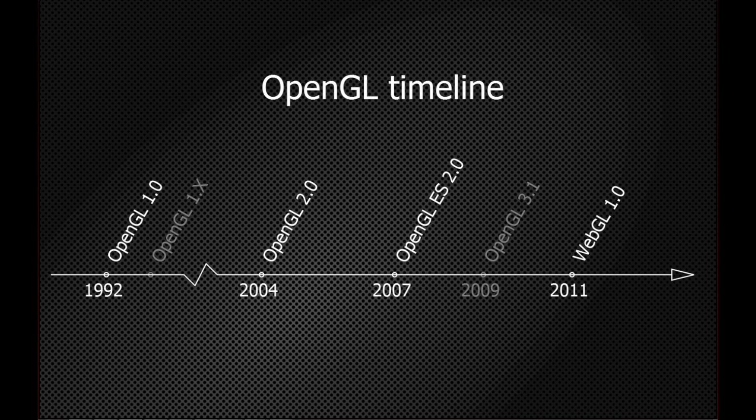It's what WebGL is based on, and it's a modern version without the direct mode rendering, and it features a programmable pipeline. And then of course in 2011 at the Game Developers Conference, the WebGL 1.0 spec was released. We were there showing off an early version of the Odin demo, running in an Opera Labs build. It wasn't until 2009 and the OpenGL 3.1 release that the direct mode rendering and the fixed function pipeline was finally retired from OpenGL.